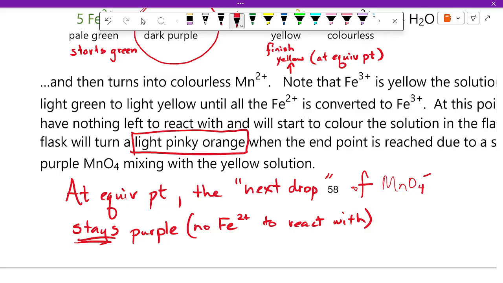And then we get that light pinky orange color.